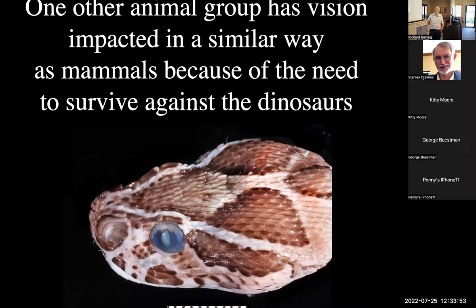Next. So this is just to say that there's one other type of animal for which this nocturnal bottleneck hypothesis comes into play, and that's the snakes. Again, people think that snakes avoided dinosaur predation by going underground.